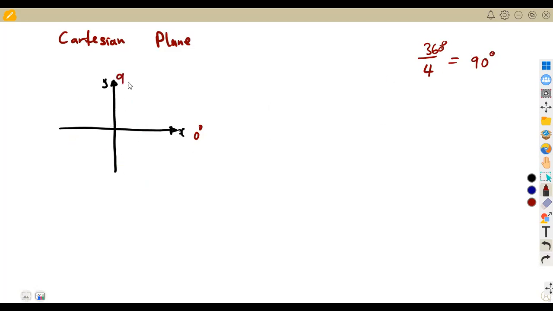So here we are going to have 90 degrees. We add, because it's separated again by another 90 degrees. So 90 plus 90 is going to give us 180 degrees. 180 degrees plus 90 again gives us 270 degrees. 270 degrees plus 90 again gives us 360. We are back to the point of 0.